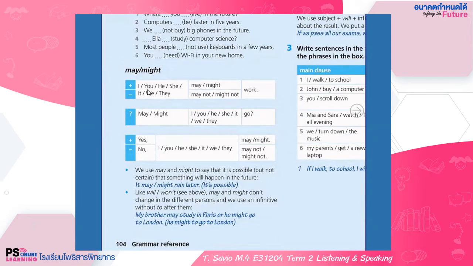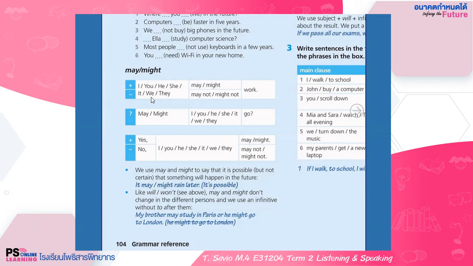You may work, you might work. He may work, he might work. She may work, she might work. So this is a prediction of something positive, that the person will work.